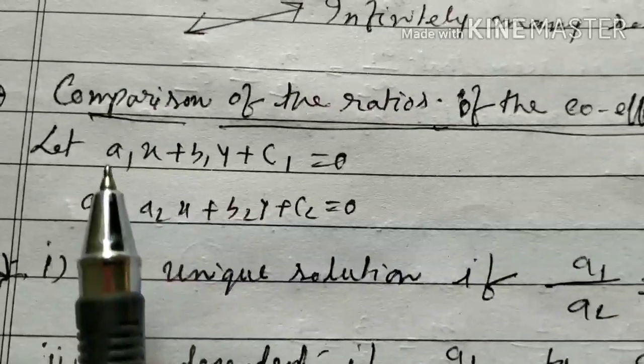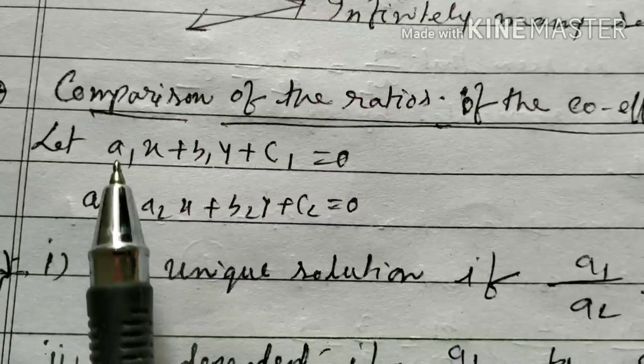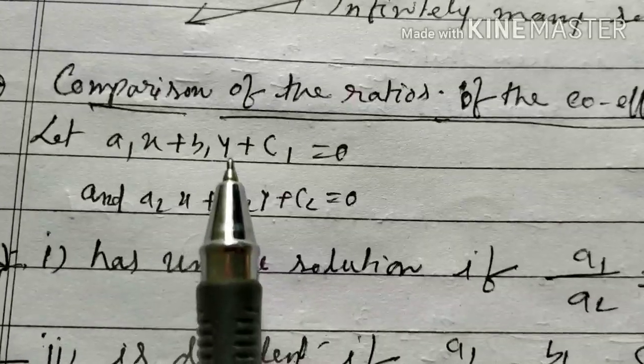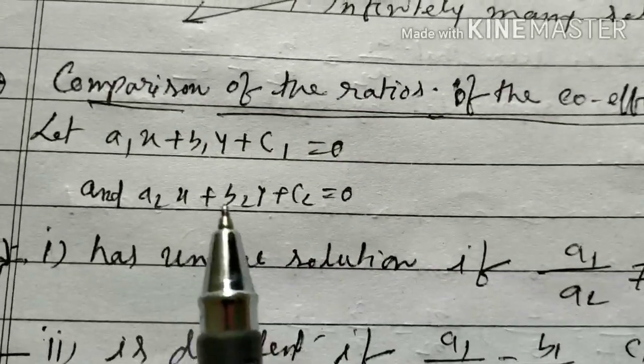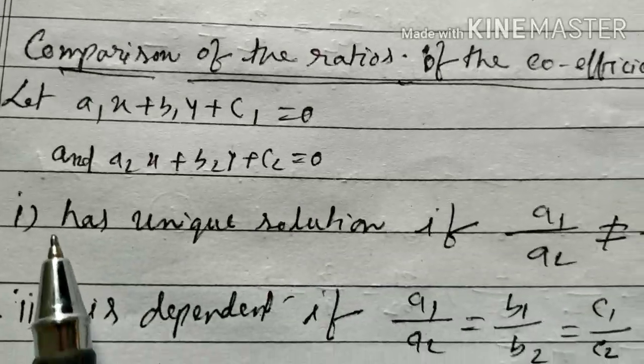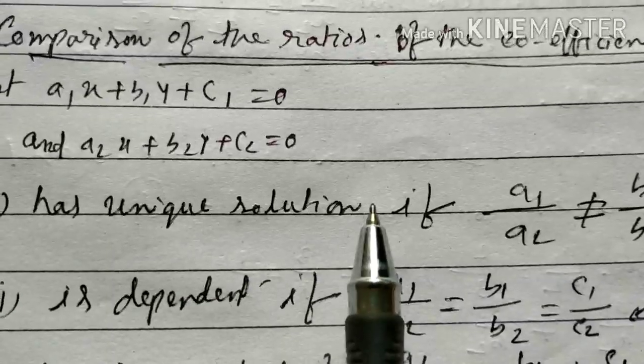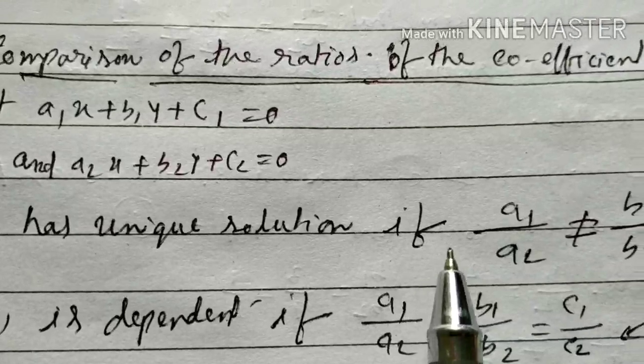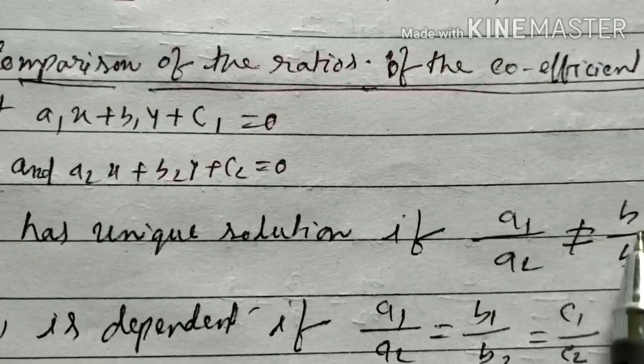So let us consider the pair of linear equations a1x plus b1y plus c1 equal to 0 and a2x plus b2y plus c2 equal to 0. Number 1: it has a unique solution if a1 by a2 is not equal to b1 by b2.